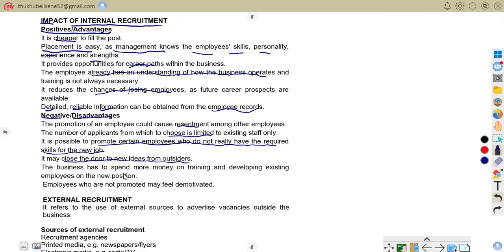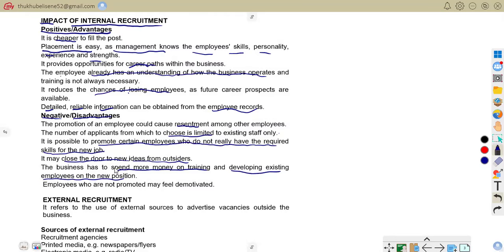The business has to spend more money on training and developing existing employees for a new position. That is extra training cost. So promoted staff may need extra development, so there will be extra cost. For example, a supervisor is promoted but must attend leadership training.